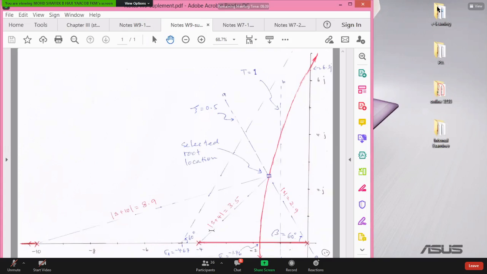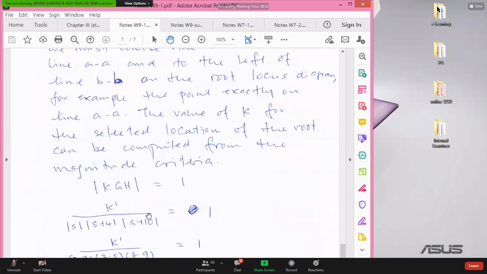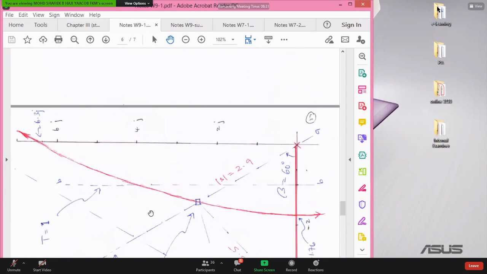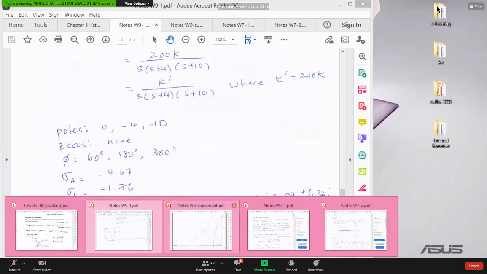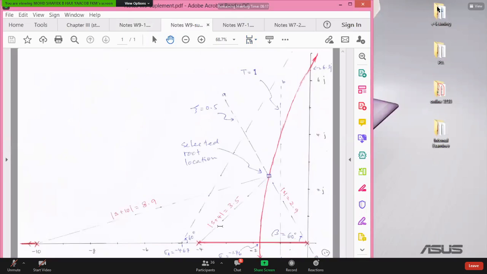If you compute all these values accurately enough, the intersection of the asymptotes, the breakaway point, the intersection of the imaginary axis, your drawing is going to be quite accurate.